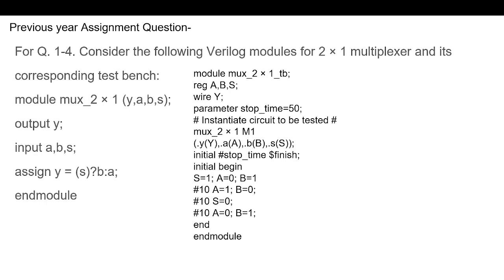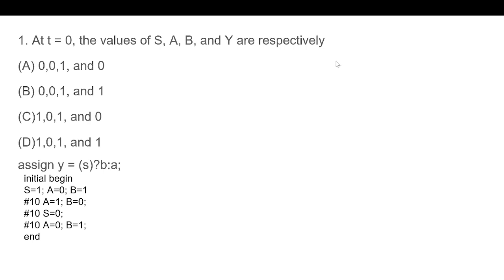So first question, for question 1 to 4, we are given the 2x1 multiplexer module as well as the test bench. So let's proceed. At t equal to 0, what will be the value of S, A, B and then output is the question.